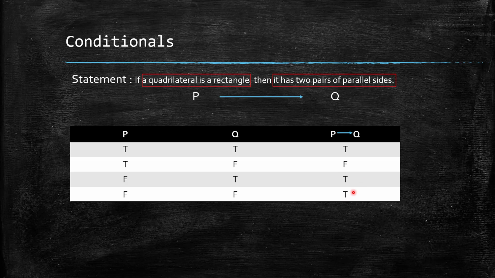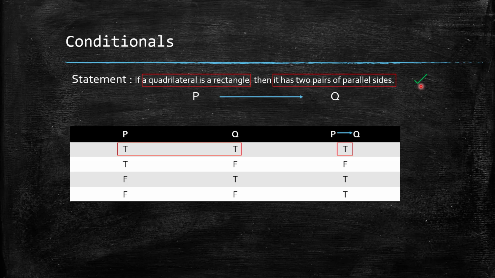Now in this specific case where we have P equal to true, that means a quadrilateral can be a rectangle. So let's say we have a rectangle, then it definitely has two pairs of parallel sides. That means Q is also true over here, so in that case our given statement is true, and we'll mark it with a tick mark.